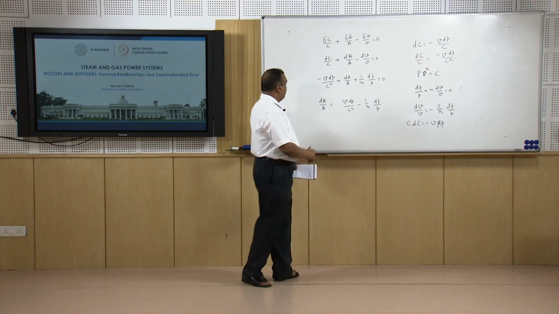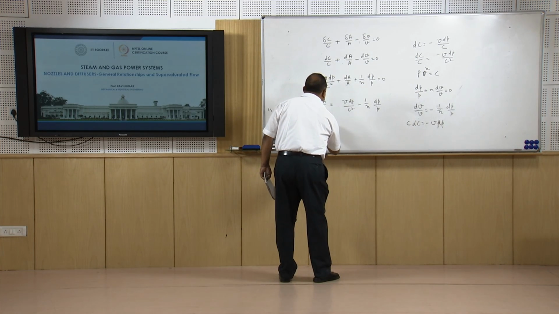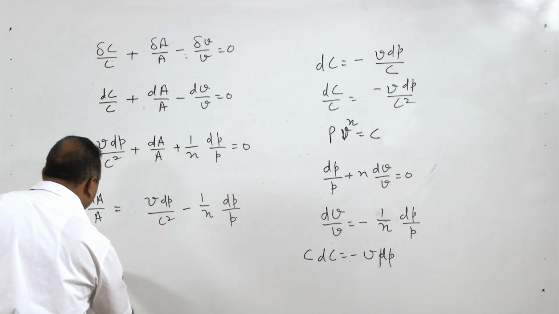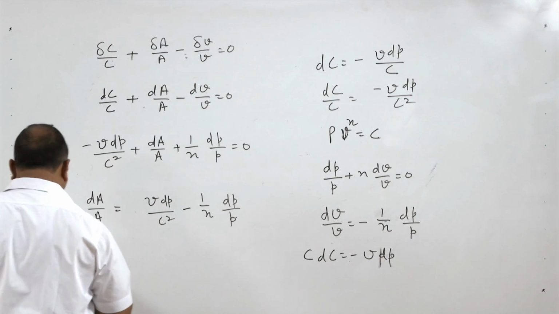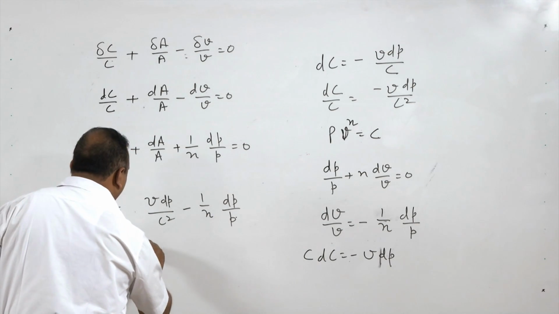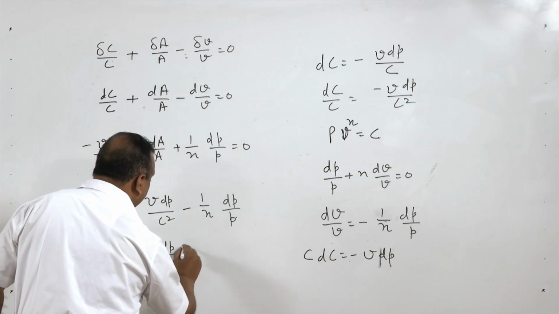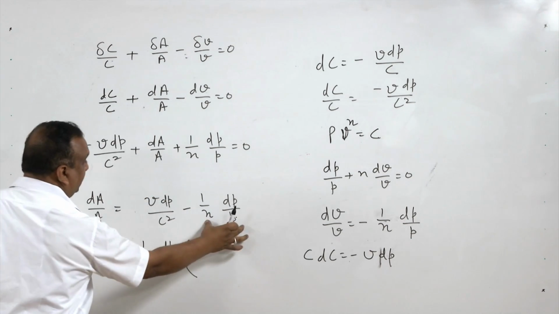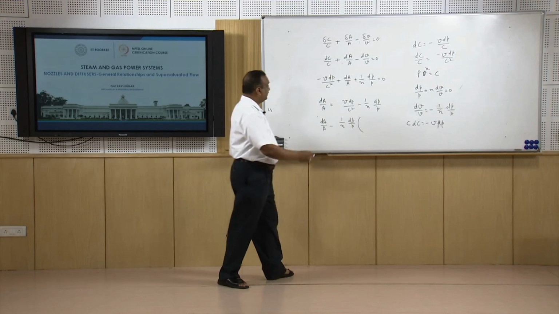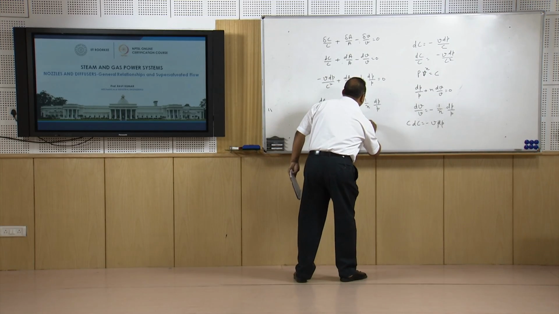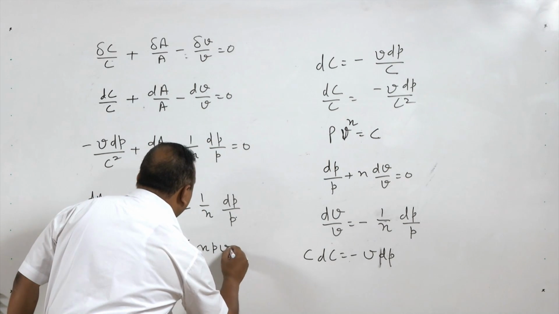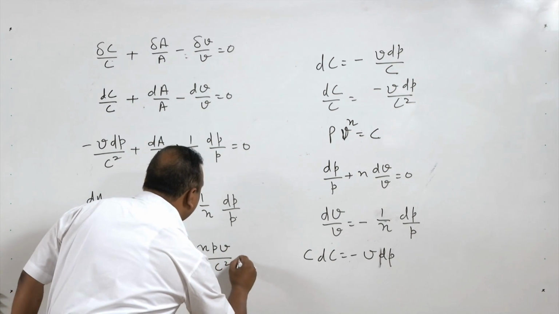Right? Now here dA by A can be taken as 1 by N dP by P inside the bracket, because this we are taking out. So inside the bracket will remain N PV by C square minus 1.